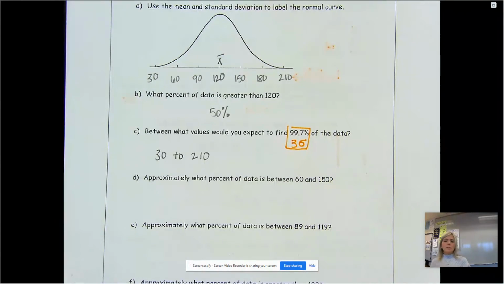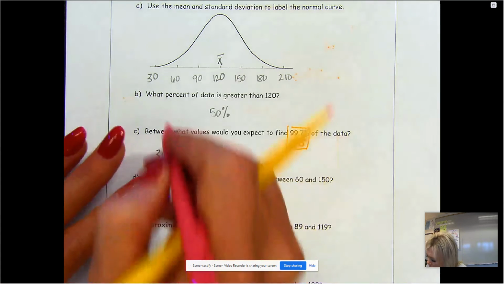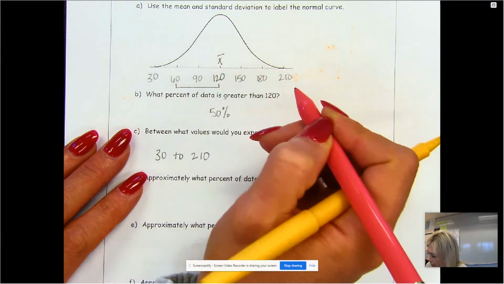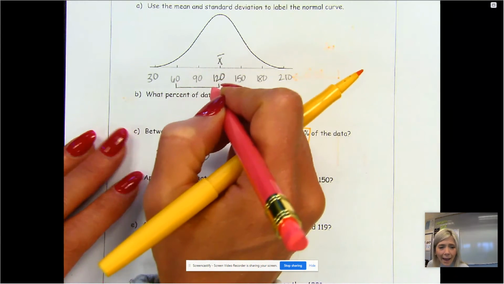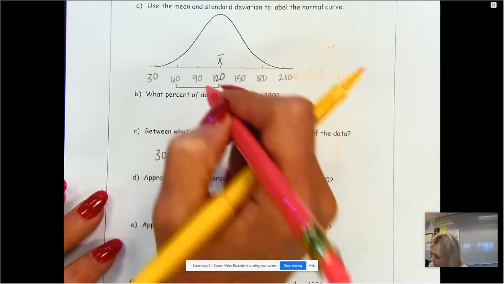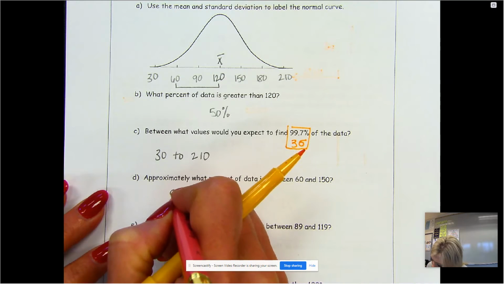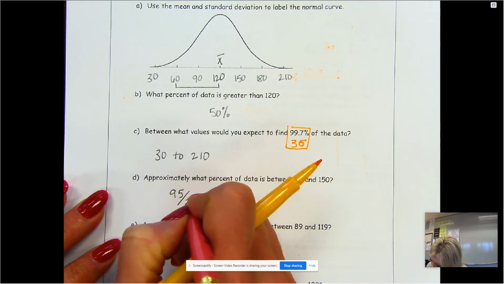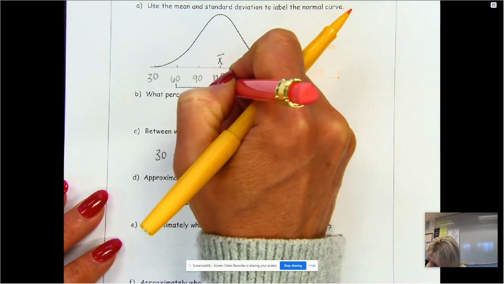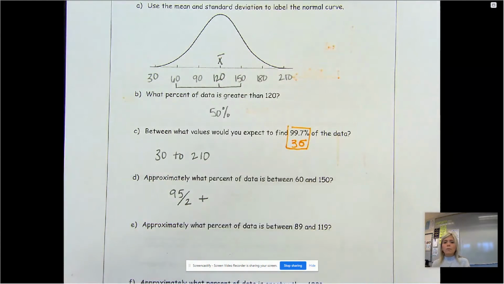Approximately what percent of data is between 60 and 150? So 60 is 2 standard deviations below the mean, and so it's half of that 95% that's within 2 standard deviations of the mean. So half of that 95% plus, 150 is 1 standard deviation above the mean.